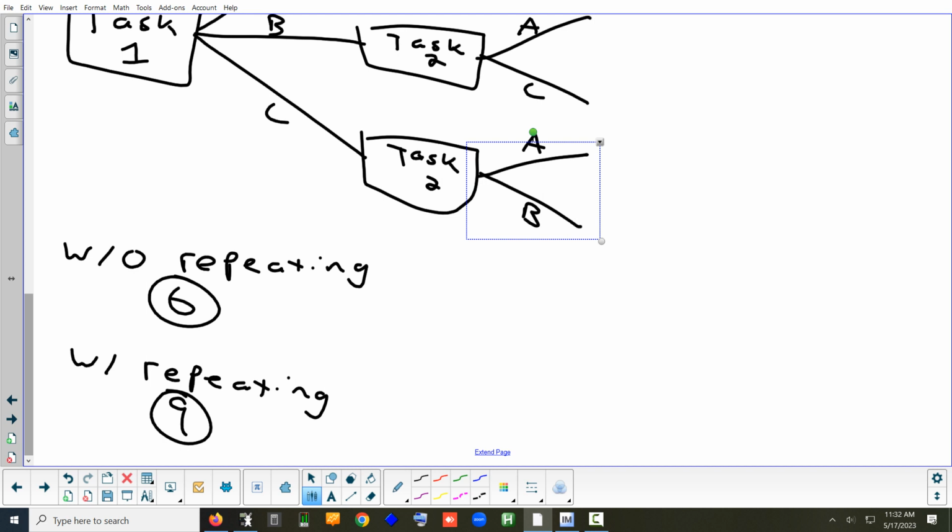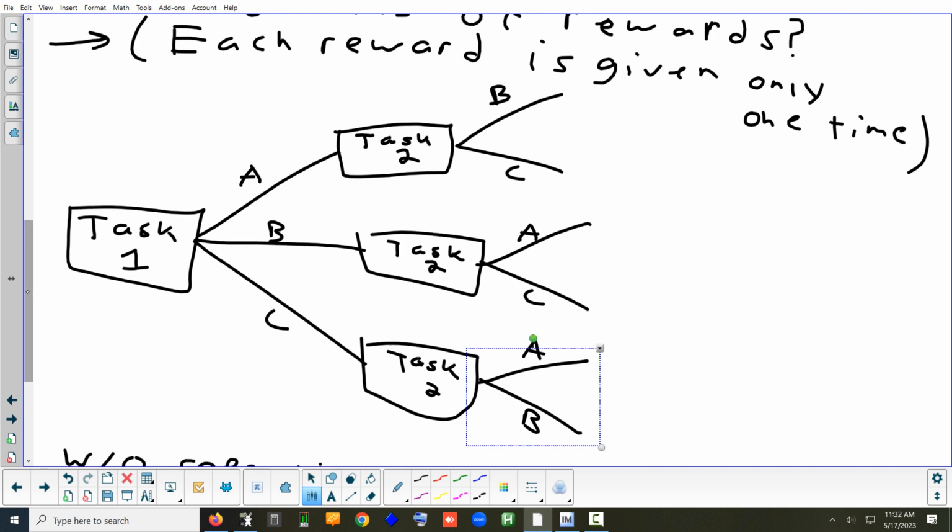The question in this problem was without repeating, but if you did it with repeating, you get 9. Questions on that? Yeah, downside of a tree, it can get kind of big. So it depends. If you got 15 choices for the first one, and then you got 30 choices for the next one, it's going to be too big.